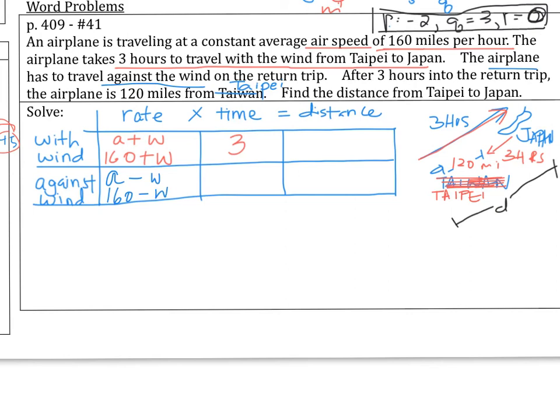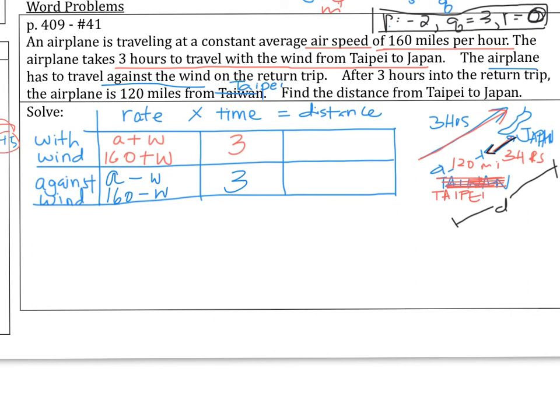After 3 hours into the return trip, this airplane is 120 miles from Taipei, meaning when this plane takes off from Japan, after 3 hours it will be here, and it will need to fly another 120 miles to reach Taipei. So now we're interested in what the distance is here, but we don't know it.